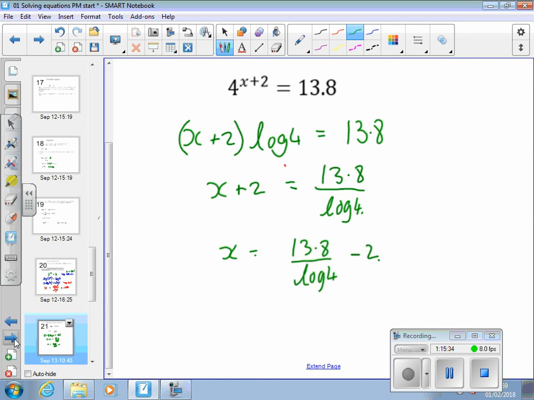We haven't done log of both sides. x is equal to what, from that?